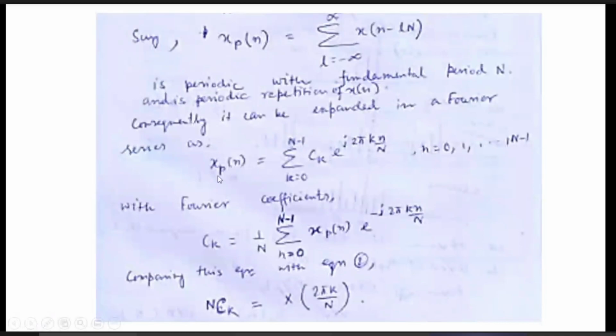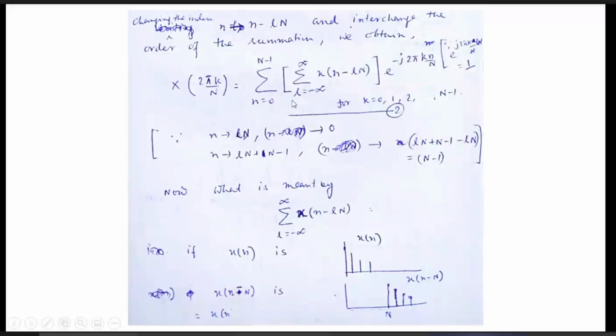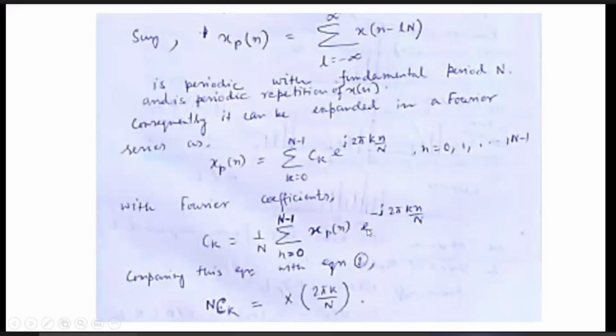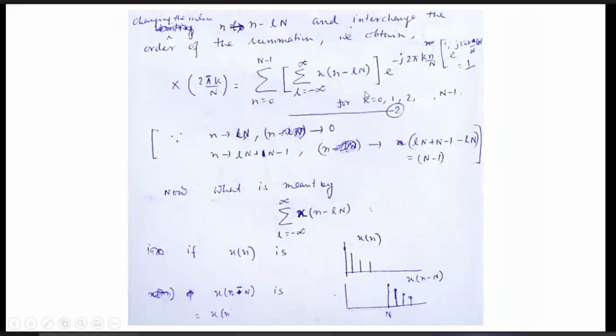So if you apply the rules of Fourier series for a periodic signal, according to the formula, Ck is the Fourier coefficient, represented by this. We can compare this equation with this equation, xpn.